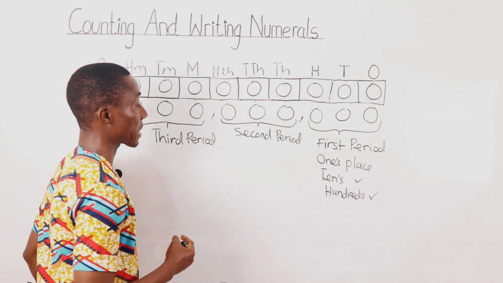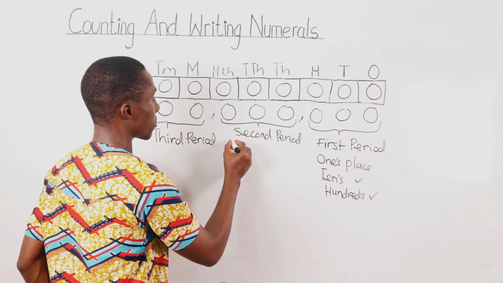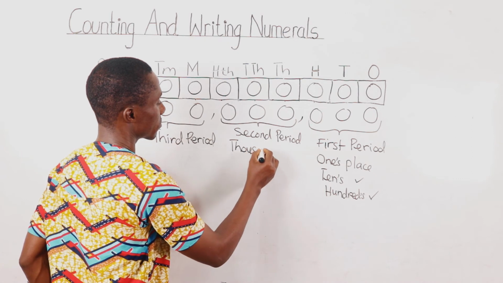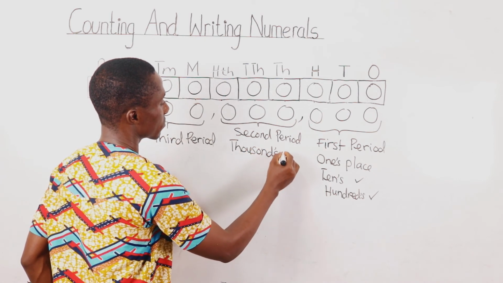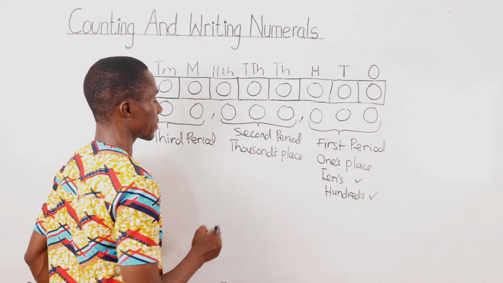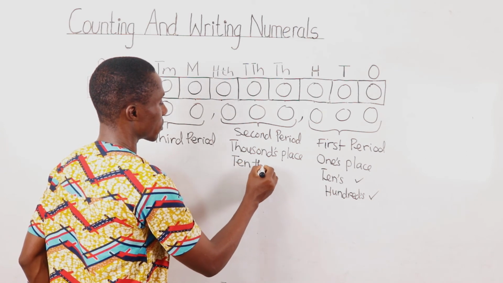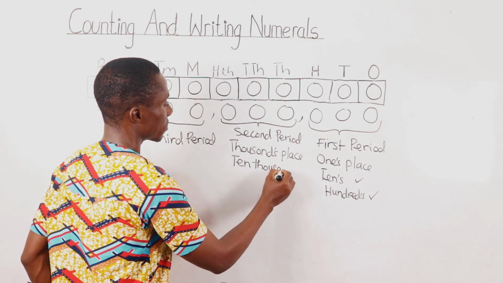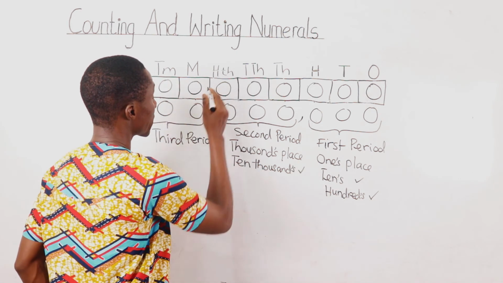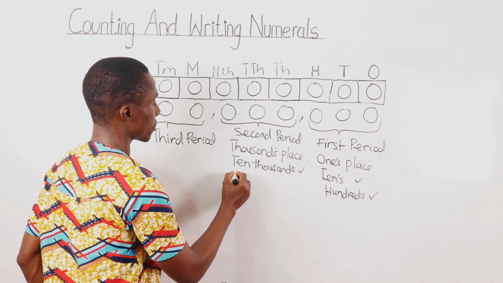When we look at the second period, we realize that it contains the thousands place. It also contains the 10,000s place, and then it also contains the 100,000s place.